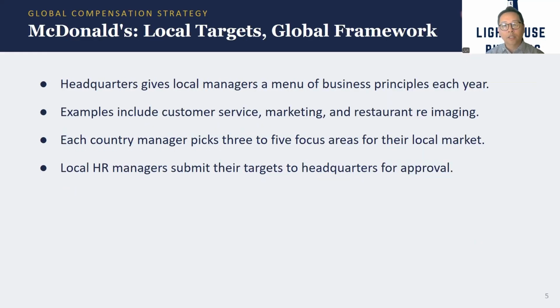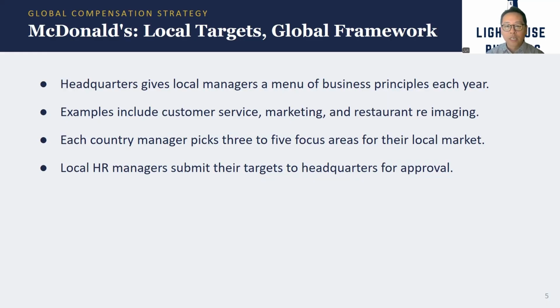So how did McDonald's actually design this new system? One key element involves the corporate head office giving local country managers a menu of business principles to focus on each year. These principles cover areas such as customer service, marketing, and restaurant re-imaging. Each country manager then picks 3 to 5 of these areas to focus on for success in their own local market.